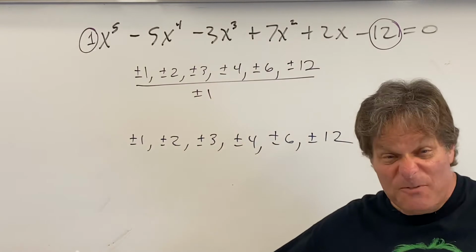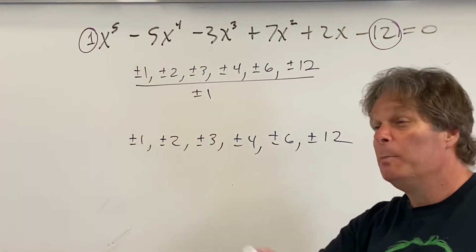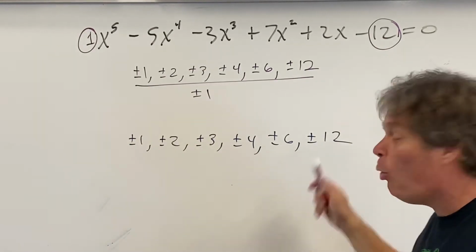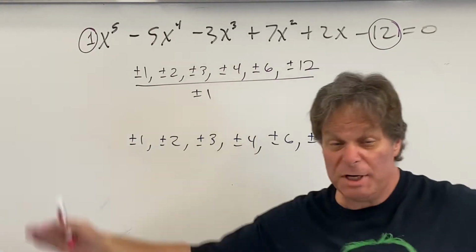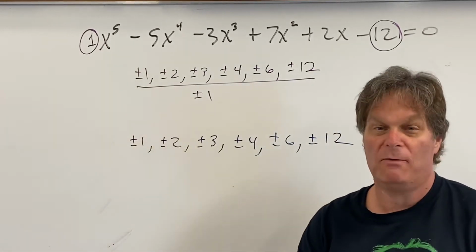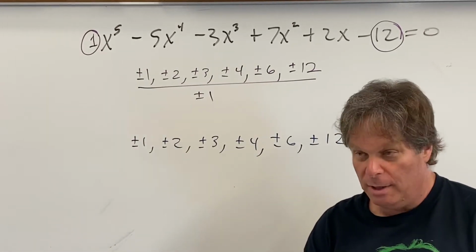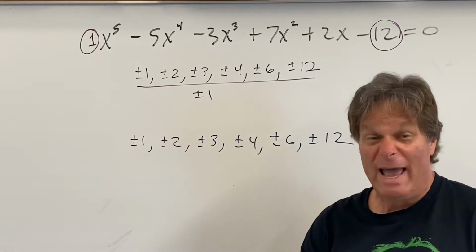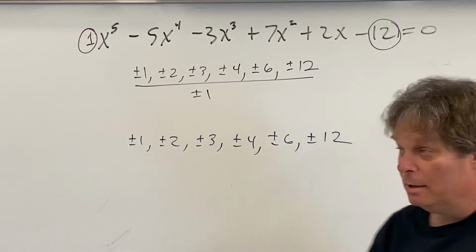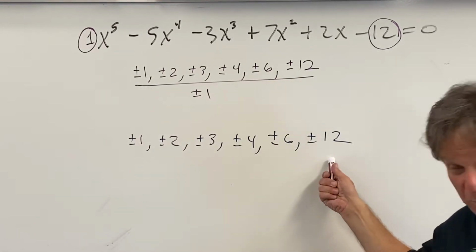I had infinity possibilities, but now because of the rational root theorem, I only have, watch, 2, 4, 6, 8, 10, 12 possibilities. I've narrowed it down from infinity possibilities down to 12. That's pretty good. You know what the bad news is? The bad news is there's 12 possibilities.